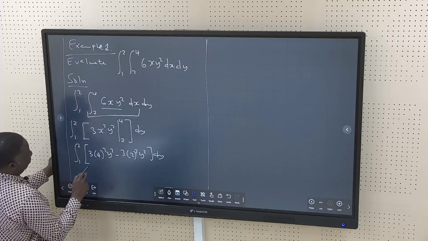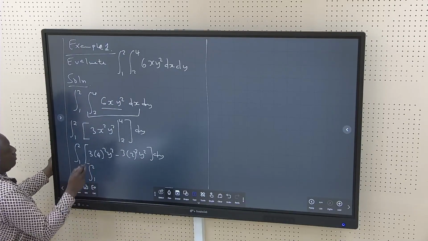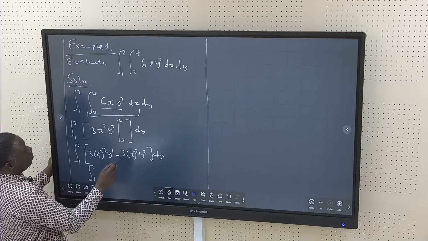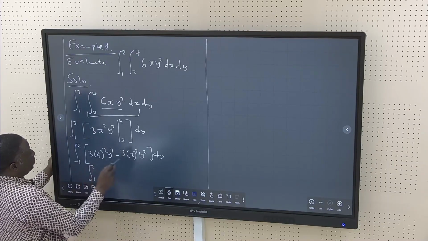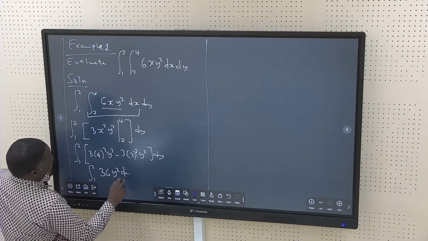So this is the integral from 1 to 2 of 48y² minus 12y², so 48 minus 12 is 36y² with respect to y.